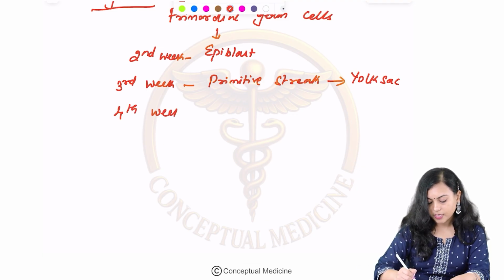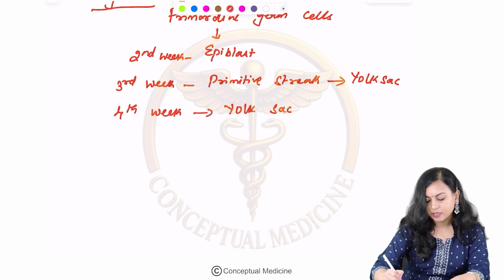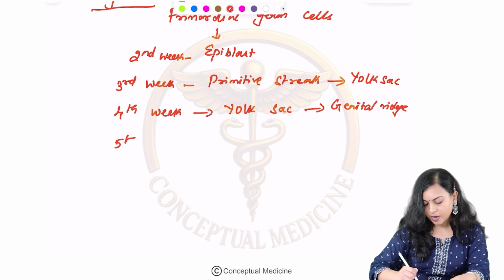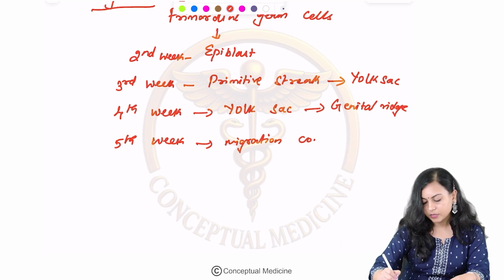By the fourth week, they start migrating from the yolk sac towards the genital ridge, which is the future gonads, and by the fifth week this migration is complete.